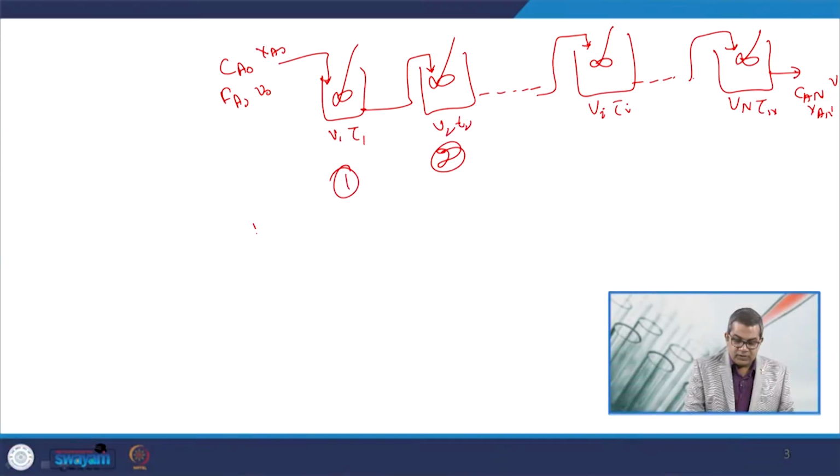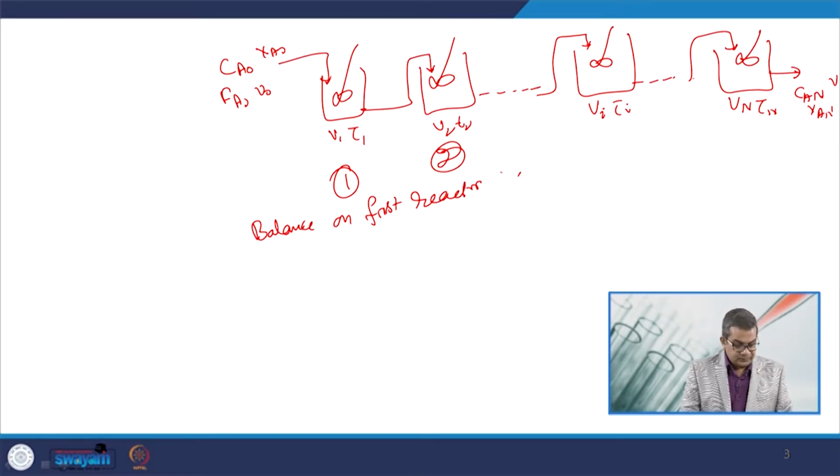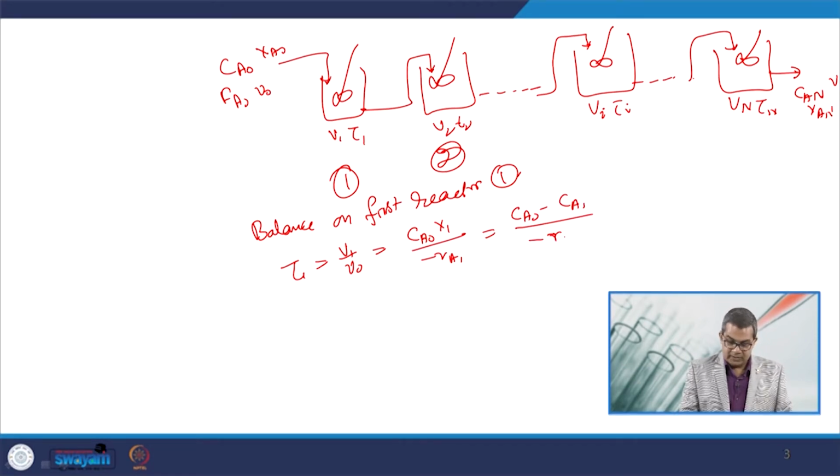So if we try to write the balance equations for each reactor, then the balance on the first reactor can be written as the performance equation of CSTR, that is tau 1 is equal to V1 upon nu 0, which is equal to Ca naught X1 upon minus Ra1, which is equal to Ca naught minus Ca1 upon minus Ra1.